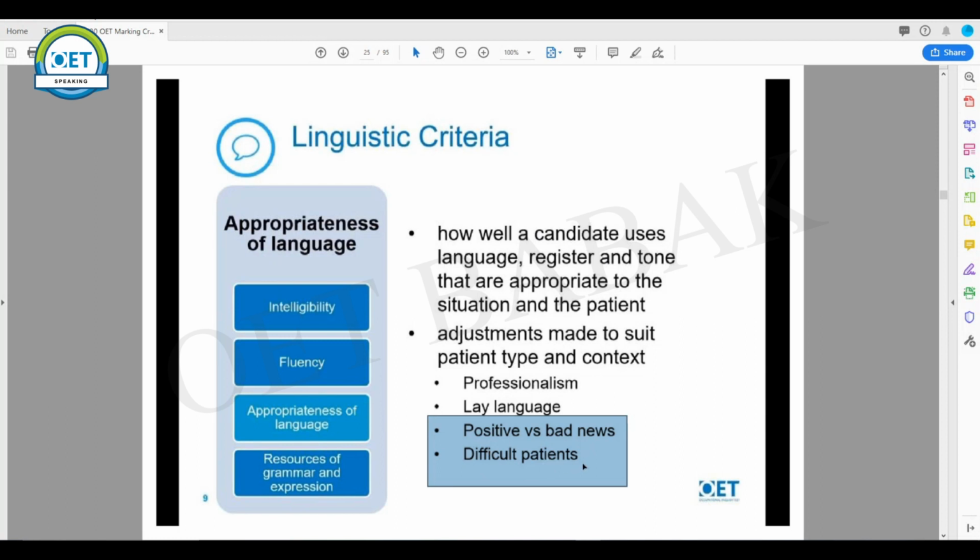And with difficult patients who are difficult to convince, patients who want something in particular, patients who do not engage, patients who are angry or aggressive, we will discuss those later.